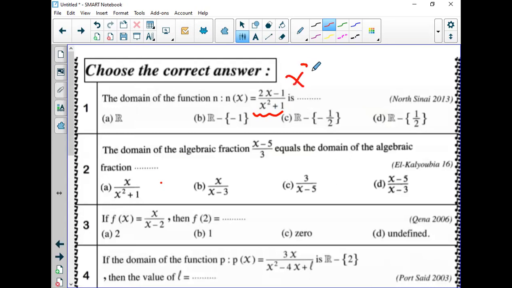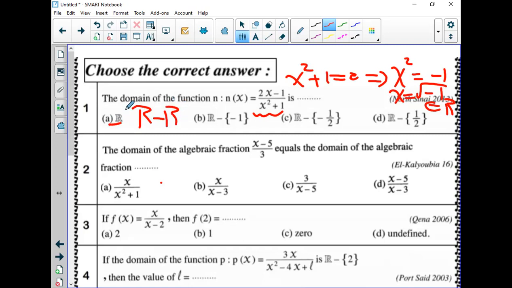Then x power 2 plus 1 equals 0, then x power 2 equals -1, then x equals root of -1, which does not belong to R. Then the domain equals R, R difference the empty set equals R. This is the solution, letter A.